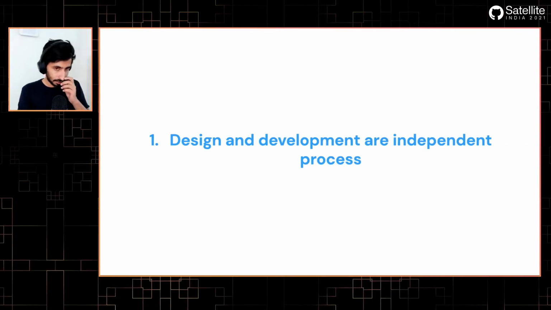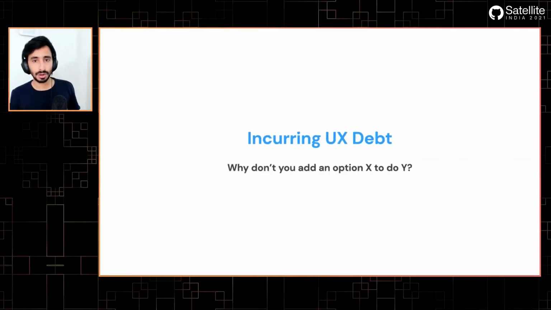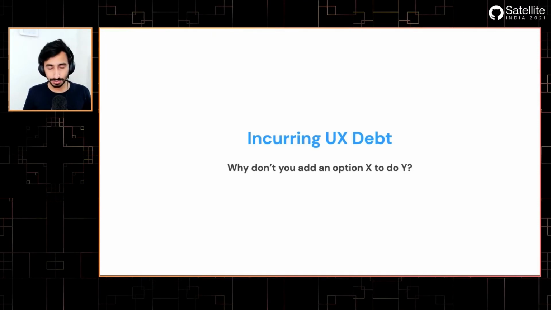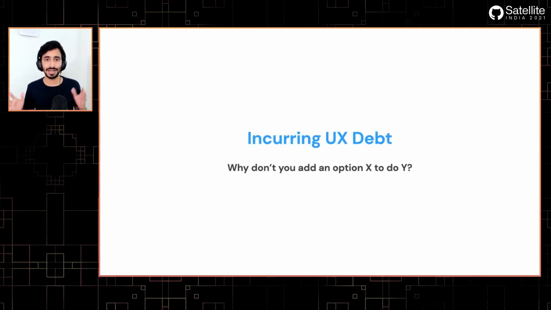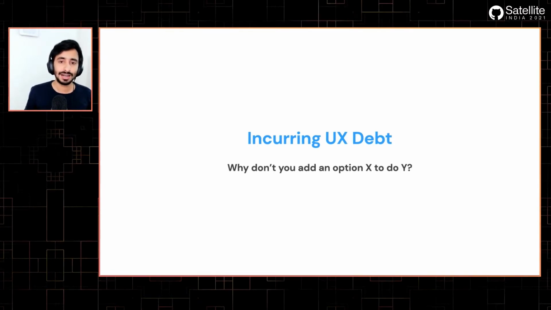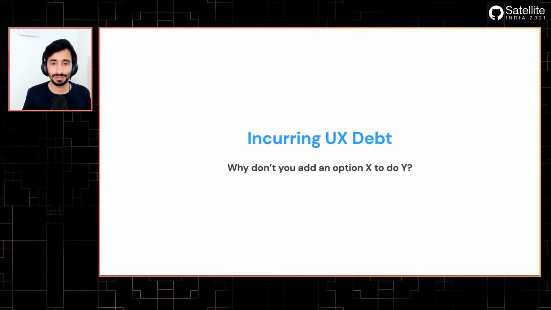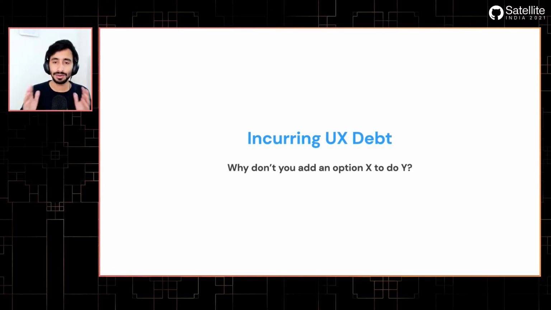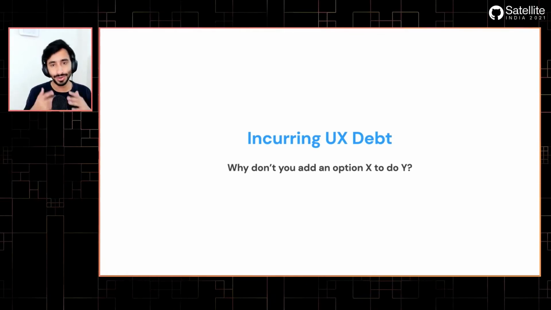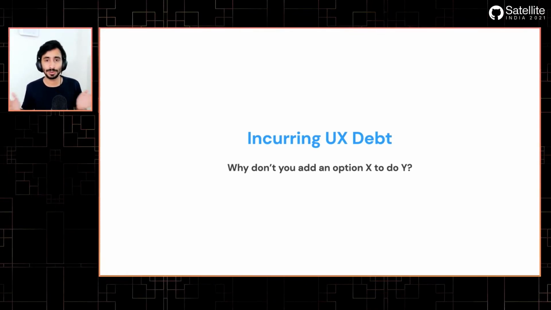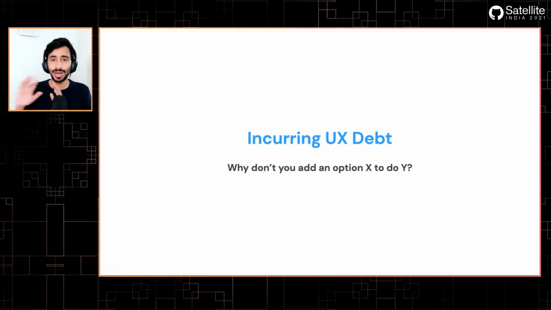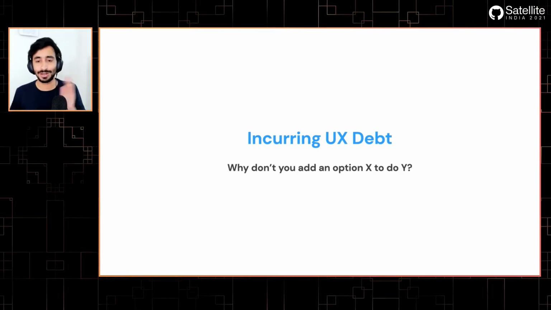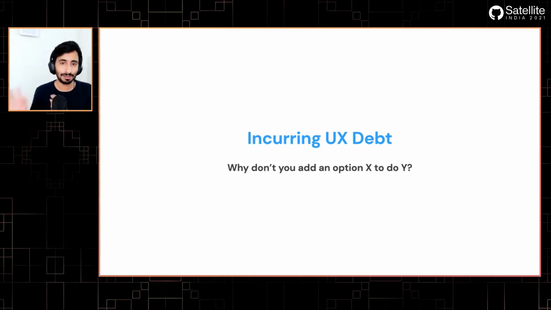So one of the typical problems which comes to the projects is that, since it's not built for a larger audience, they tend to have UX debt incurred due to various reasons. One is that most people would ask you, why don't you do X to do Y, or why don't you add an option to do something?